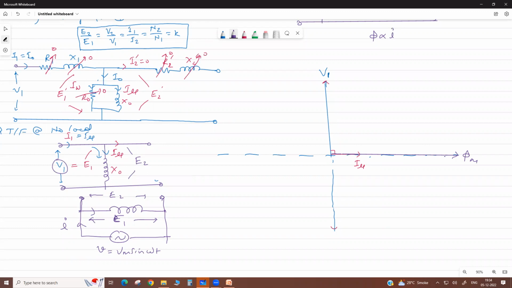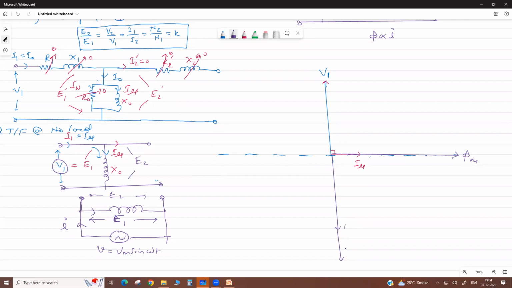Now this magnetizing flux induces the EMF in the primary and secondary, so voltages E1 and E2 are induced here. It depends on the number of turns.